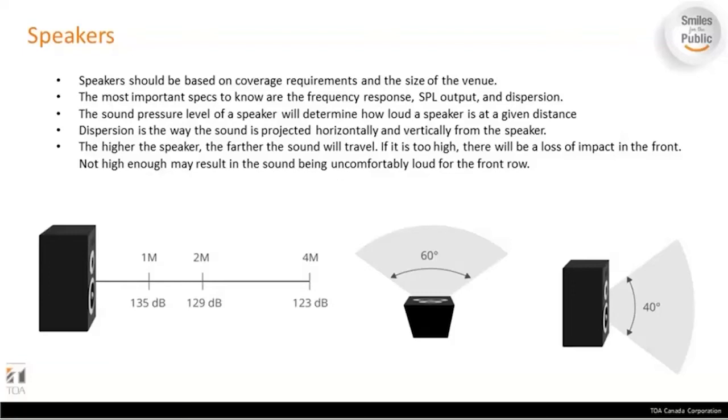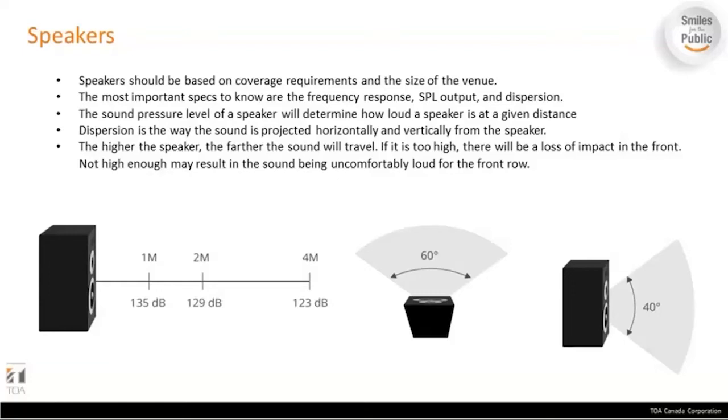So that should be pretty good because it sounded good there. But we need to go through the specification of that particular speaker. What dB level are you getting in a square meter space? In 1 meter you might get, let's say, 135 dB, or 129 dB in 2 meters, or 123 dB in 4 meters.